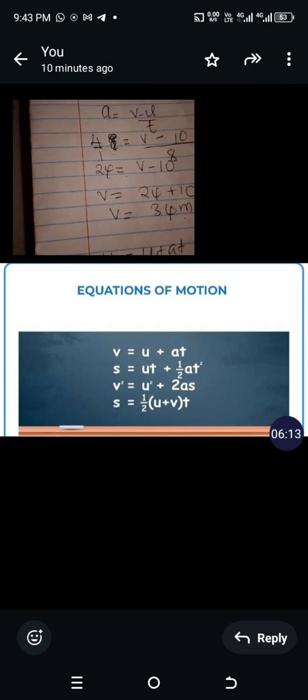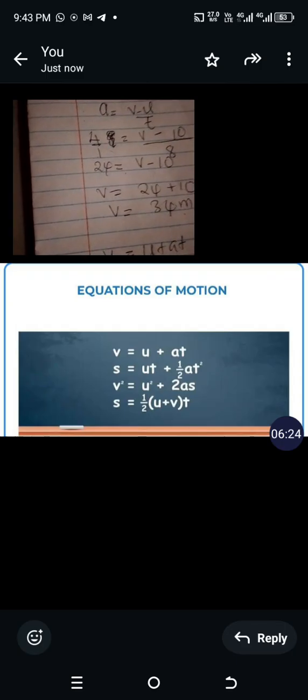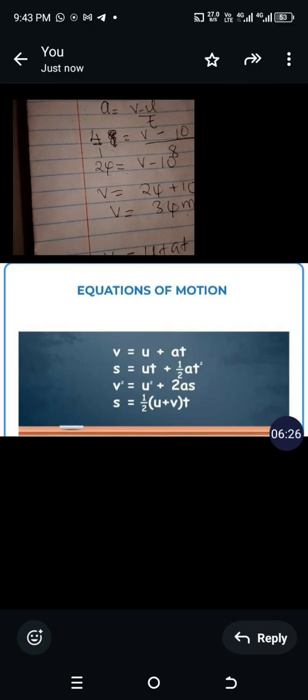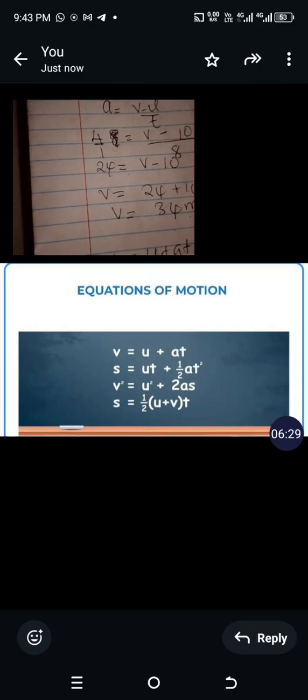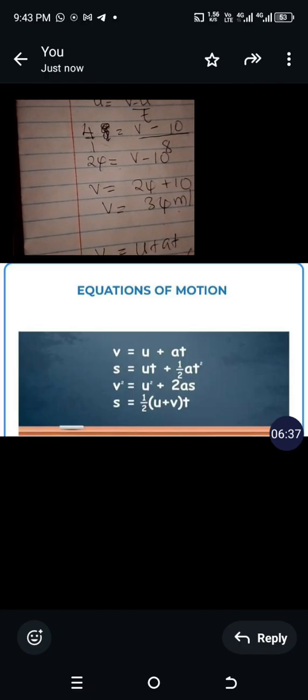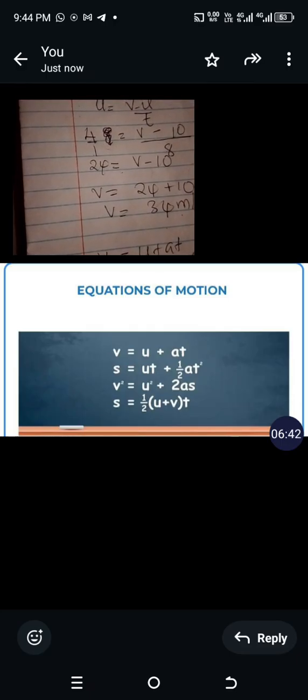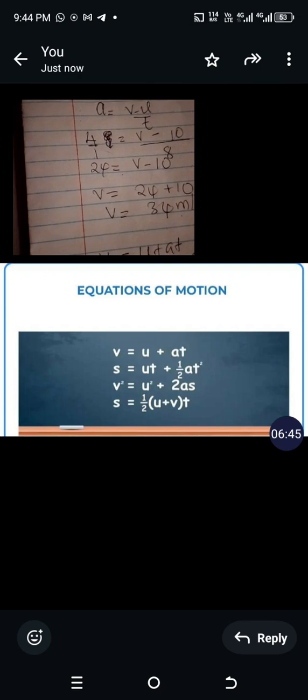We can use that one, or we can use the other one, v squared is equal to u squared plus 2as. So we'll just substitute and then solve for s, which is the distance. We'll get our answer, except there isn't time there, so let's leave it out. And then the fourth one, same thing, you can say half u plus v times t, we'll get our distance. So let's use the fourth one.